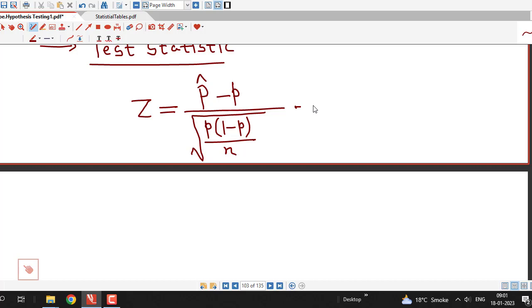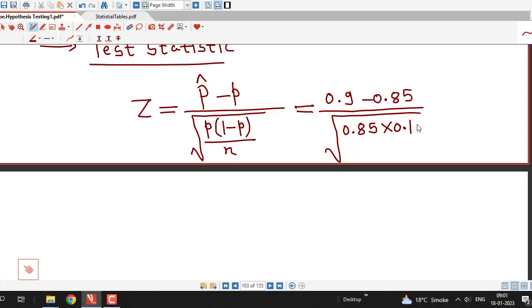P hat is 0.9, population proportion is 0.85, and the square root of 0.85 times 0.15 divided by 40.